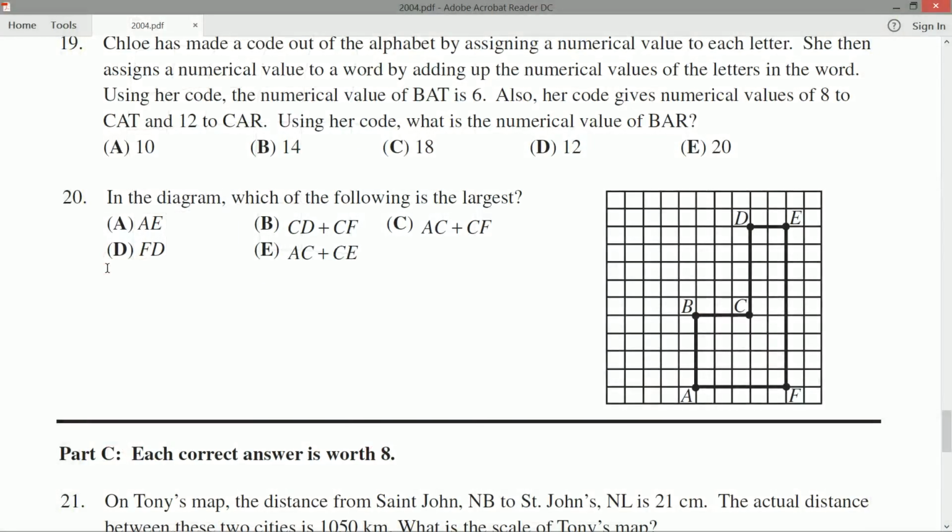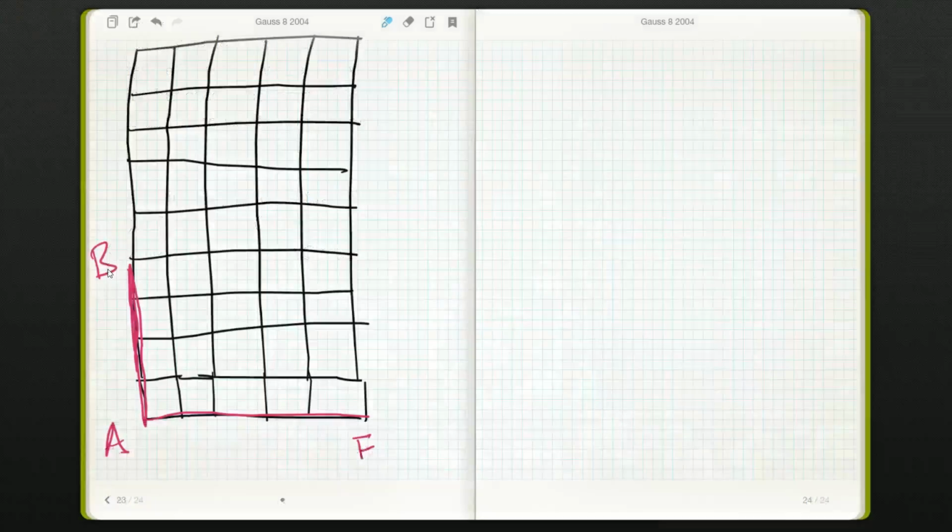And then it's up to D at the top and E at the top as well. D was over by 2 units. C was in by 3 units. All right, so we have our picture.